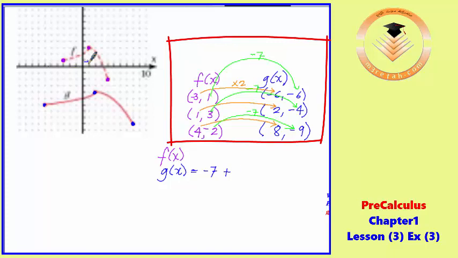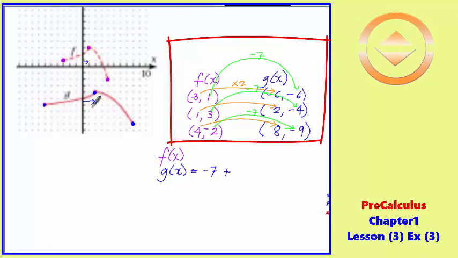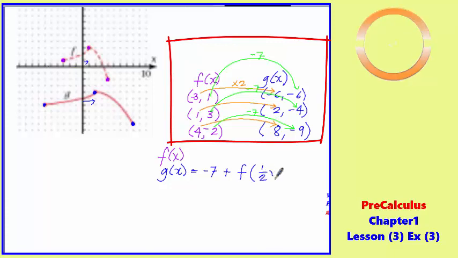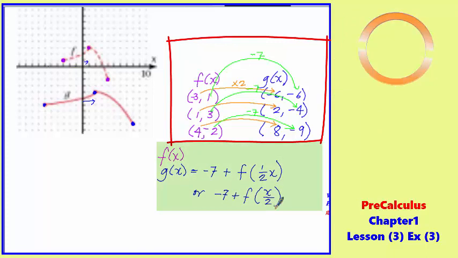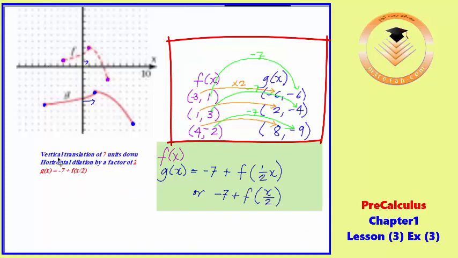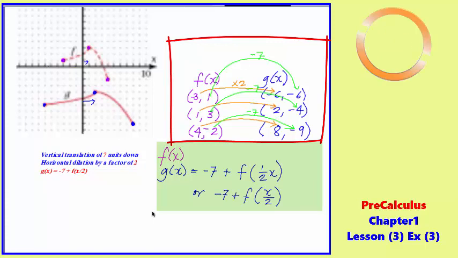Remember, this is 1 unit from the y axis, and this is moved 2 units from the y axis. So we have f of 1/2 of x. Or similarly, we have negative 7 plus f of x over 2. And therefore, we have this answer to the given graph system and illustration.